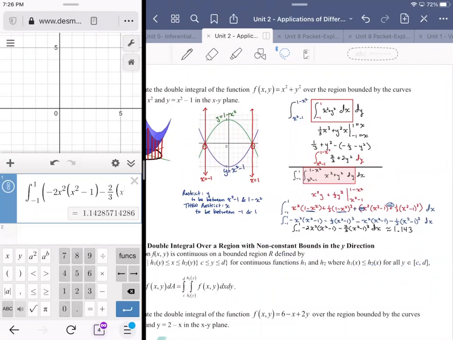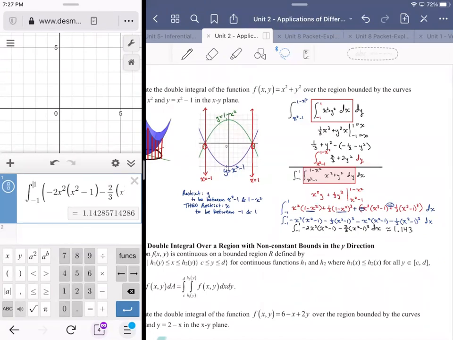So this is an instance where you actually had to go in one direction as opposed to another, just because that's the way the situation played itself out. So you had variable bounds in one direction and numerical bounds in the opposite, or orthogonal, direction. Now, some people do this, and it's fine. There's nothing wrong with it.